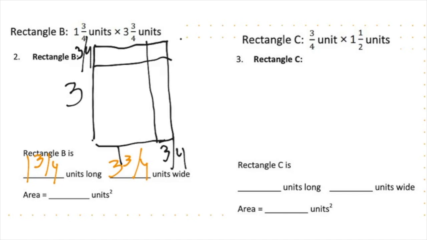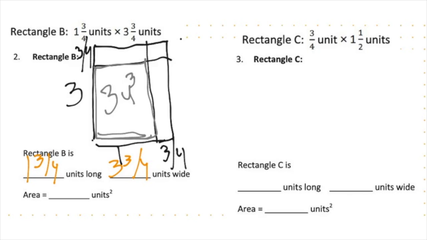So now we're going to find the individual areas for each of those individual tiles. So for our gray tile, length times width. Our length is 1 times, our width is 3. 1 times 3 is 3 units cubed.